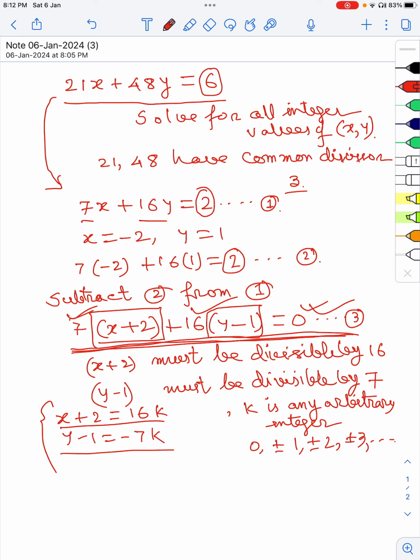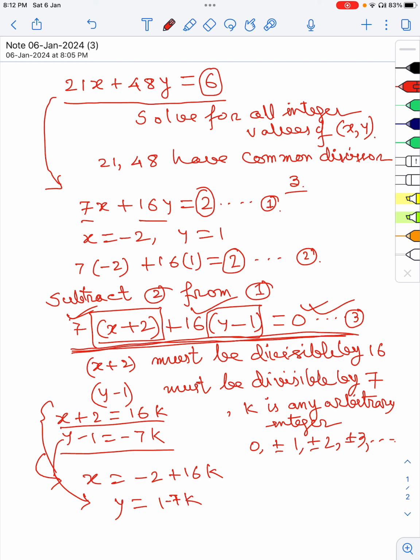So from this we get x equal to minus 2 plus 16k, and from y minus 1 equal to minus 7k, we get y equal to 1 minus 7k, isn't it?